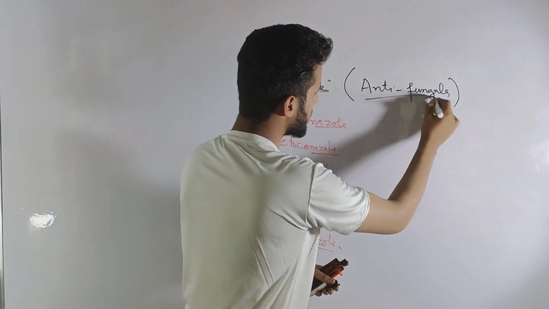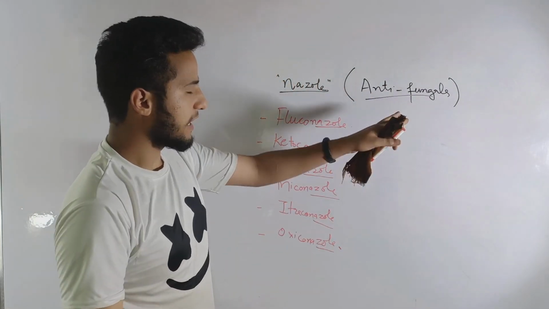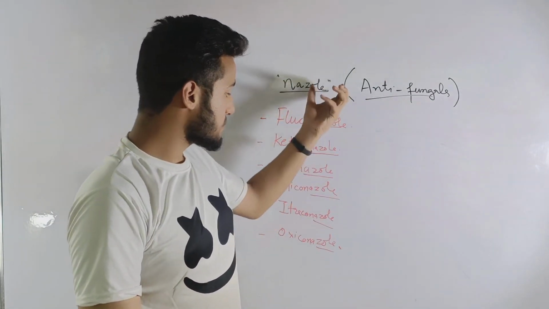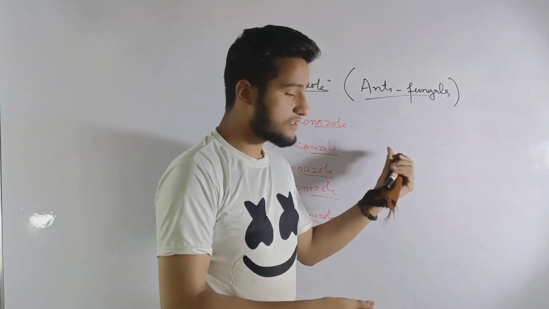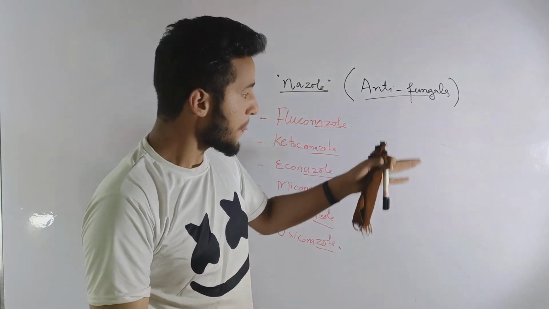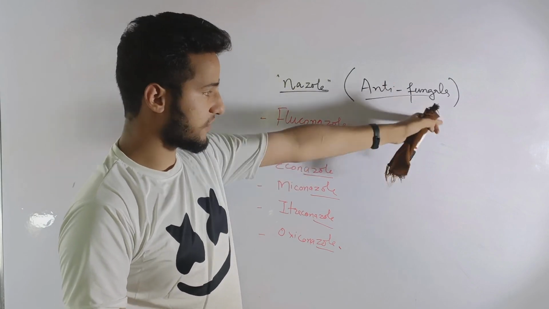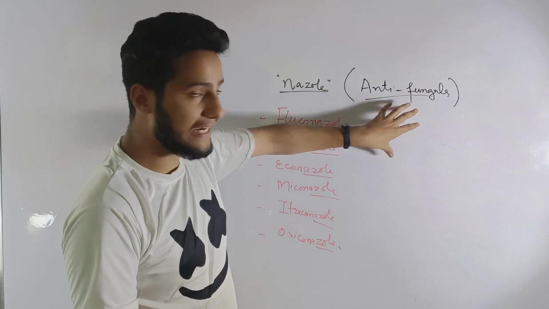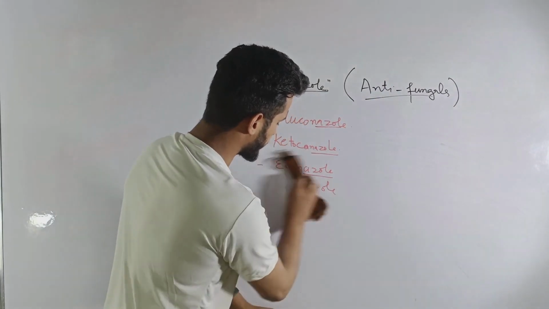These drugs which contain nazole as the end part are used, as the name suggests, against fungal infections. They prevent us from the fungus, they fight against the fungus. So these drugs that contain nazole as the end part are antifungal drugs. We'll see another suffix.